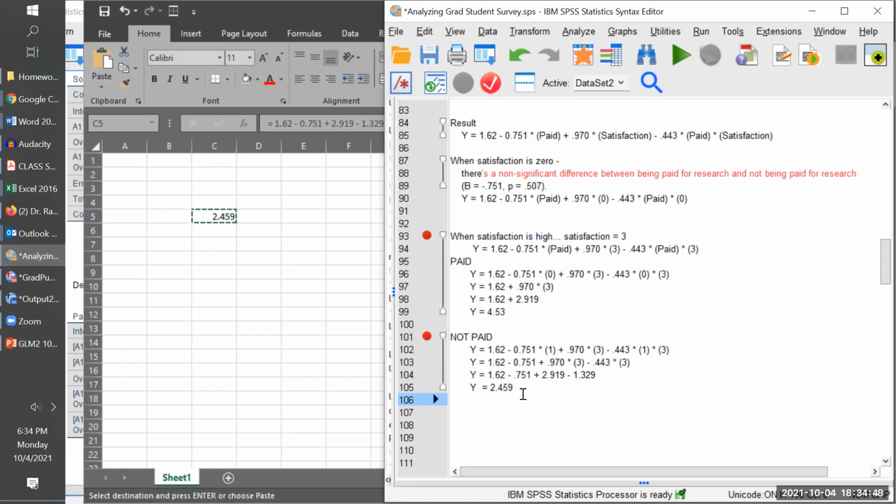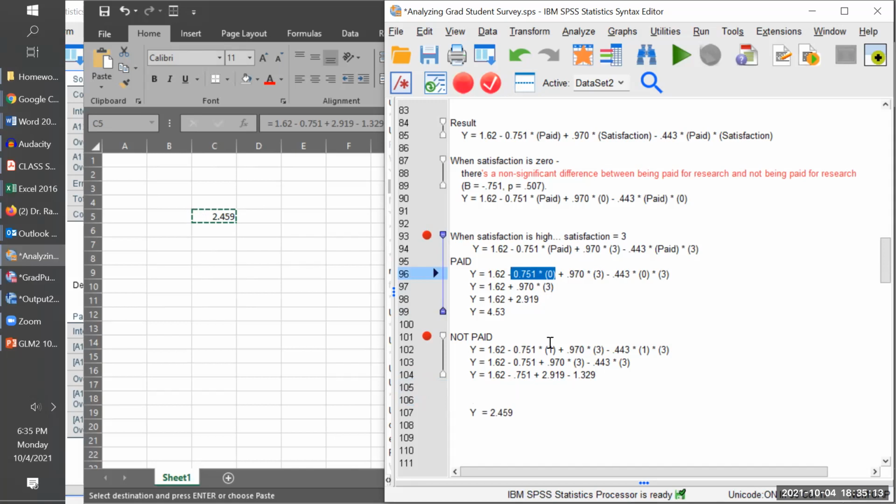But, missed a step. I didn't screw up. I mean, that's correct. But what I wanted to actually show you is how this changes. This 0.970 times 3, this is our slope. Wait, that's not the slope I want. This is the slope I want, 0.751.